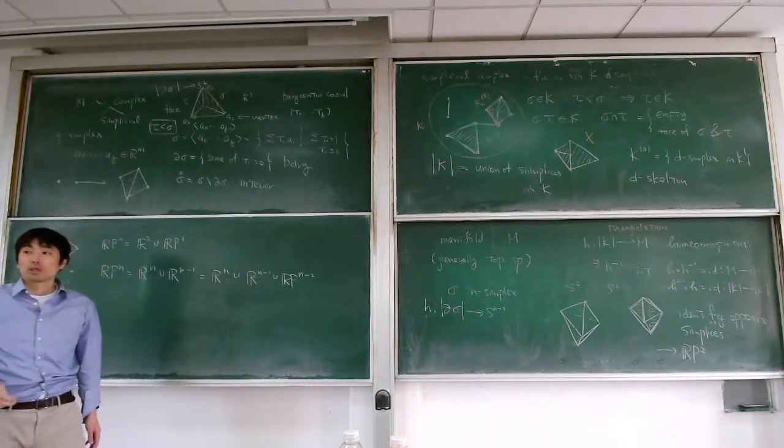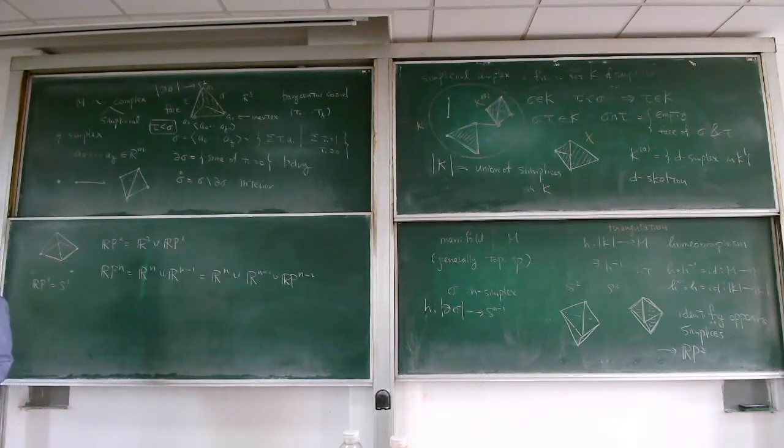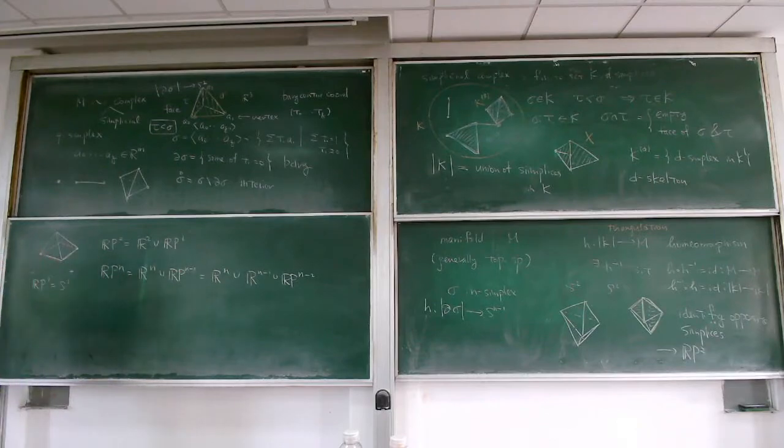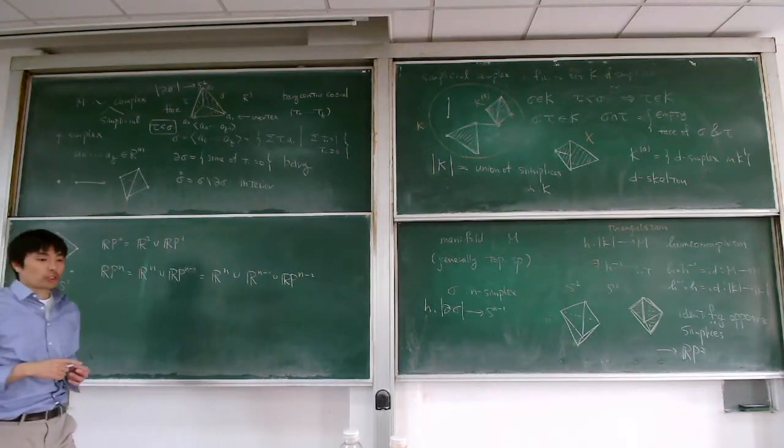So RPn can be constructed iteratively as a union of these. You have to be a bit careful about the infinity, but that's the structure of real projective space.